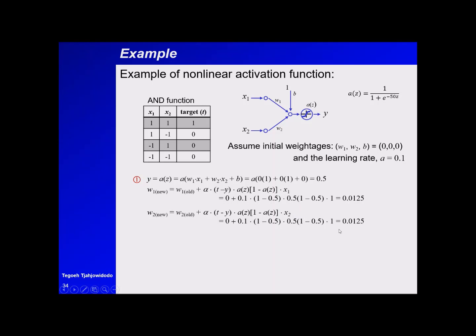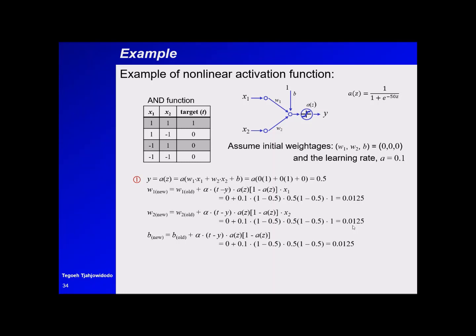Then this is what I will get: 0.0125 for W1 and W2 respectively. For B, I do the same thing, and at the end I get the same number, 0.0125. So at this first iteration, the weightages W1, W2, and B are all equal to 0.0125.